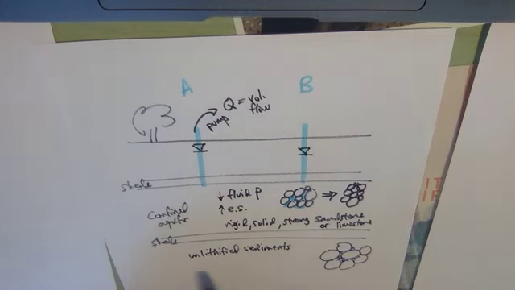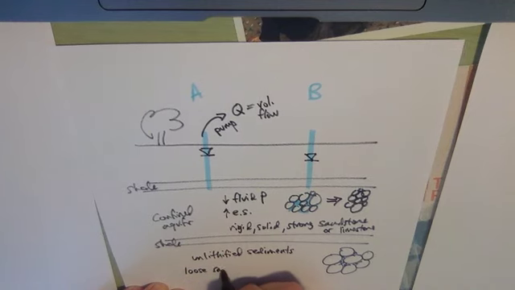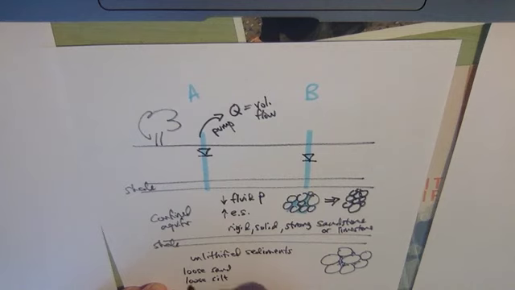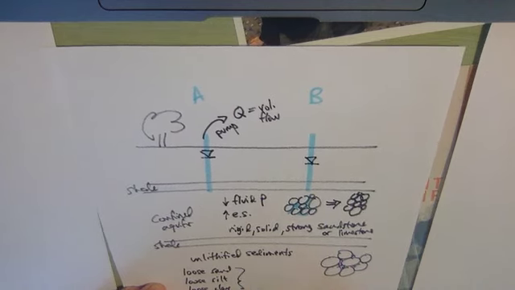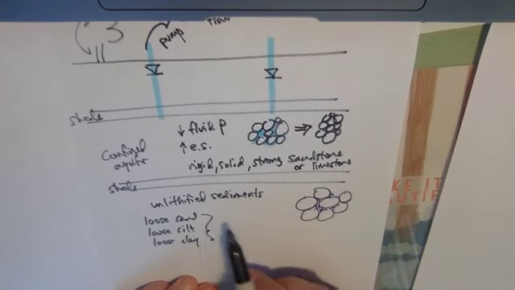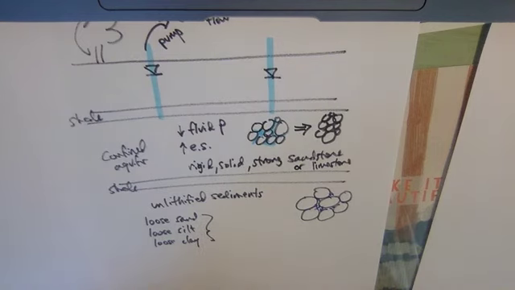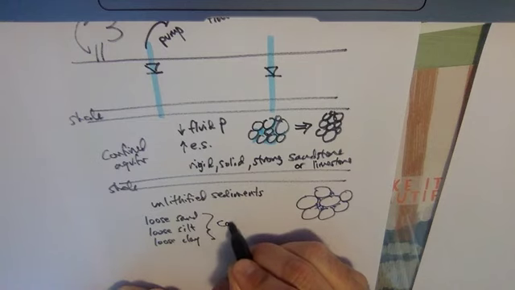However, if you've got an unlithified sediment like loose sand or loose silt or loose clay, then when you reduce the fluid pressure, these grains are free to shift around a lot. And as a result, what you end up with is compaction.